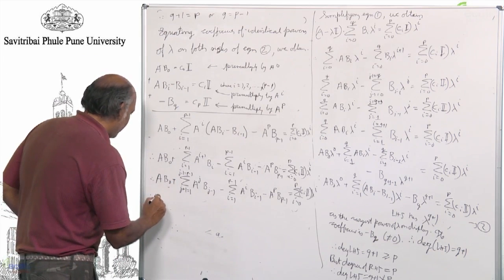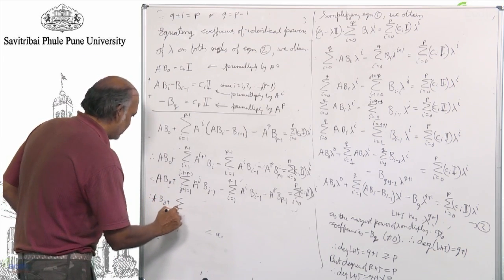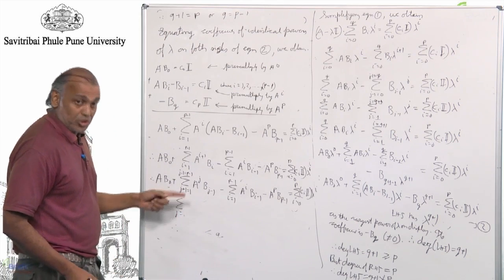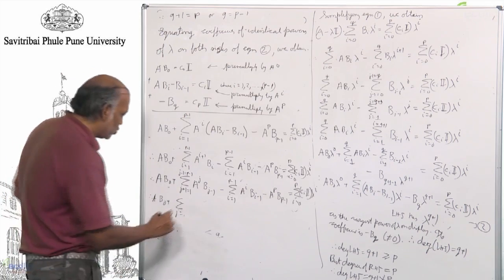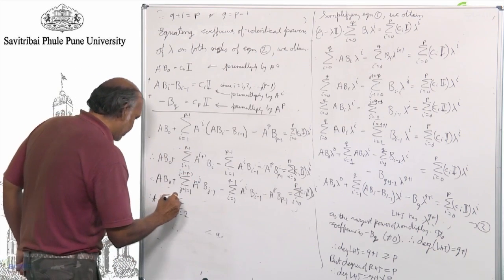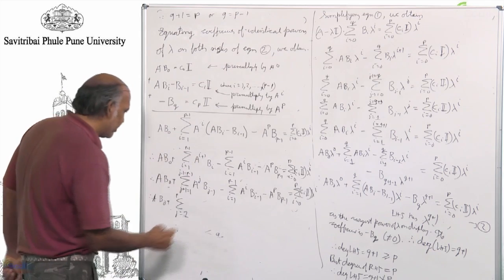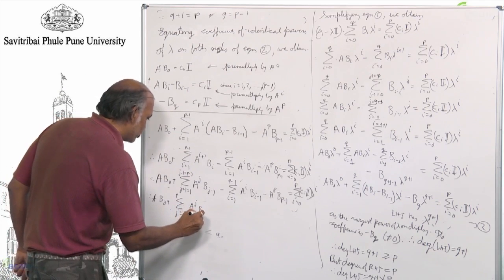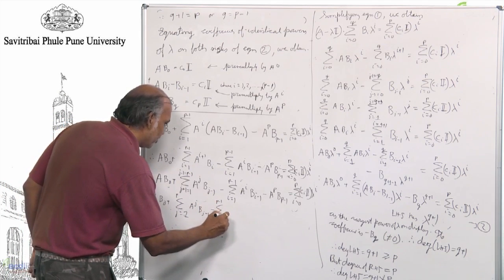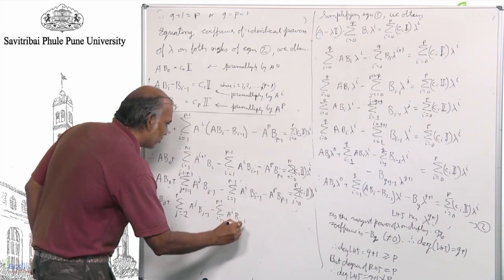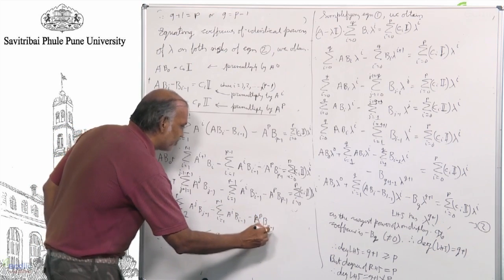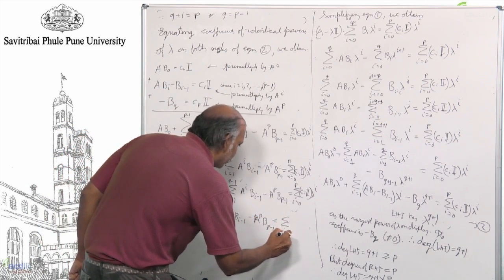Therefore, A b0 plus sum over j, where j minus 1 goes from 1. If it is 1, then j is 2. And if j minus 1 is p minus 1, cancelling minus 1 on both sides, you have j equal to p. So j goes from 2 to p: A to the power j b_{j-1}, minus sigma over i equal to 1 to p minus 1 of A to the power i b_{i-1}, minus A to the power p b_{p-1}, equal to the characteristic polynomial of A in A.